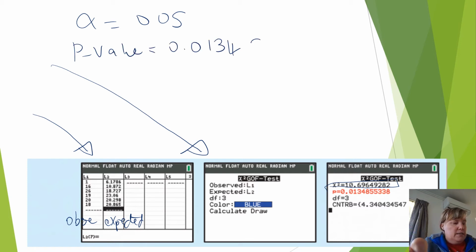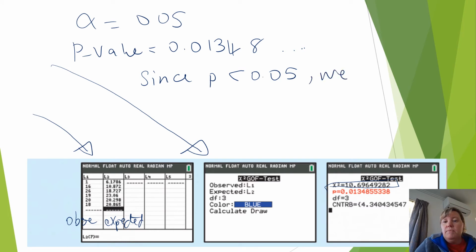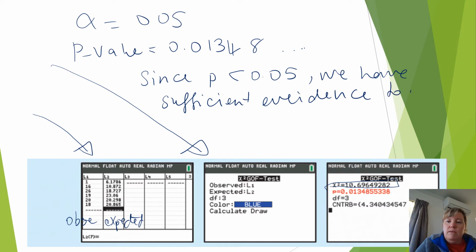Okay, so we know that since the p-value is less than 0.05, which it is, we have sufficient evidence to reject the null hypothesis.